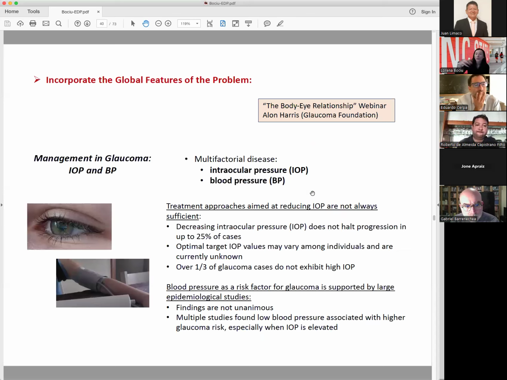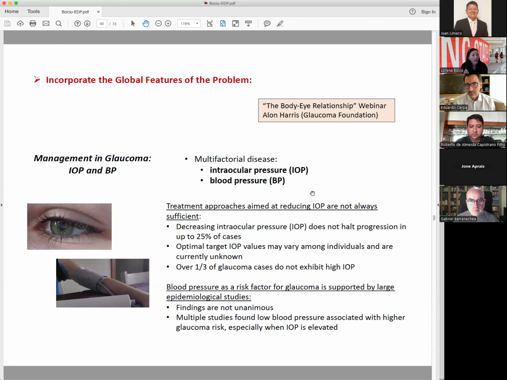What I want to come back to, because this is what I told you in the beginning, is not just the local problem, right? We had focused on the local problem. I wouldn't say finished it, right? But we have some results on the local problem, and now we want to incorporate the global features, because this disease, clearly there are many factors involved in it, and there is some clinical evidence that the blood pressure of the person also influences what happens in the eye.